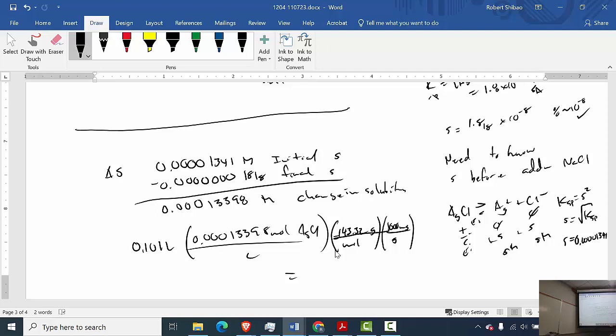Times 0.101 times 143.32 times 1,000. 0.1939 milligrams of silver chloride precipitate. Is that enough to see? No. So not visible.